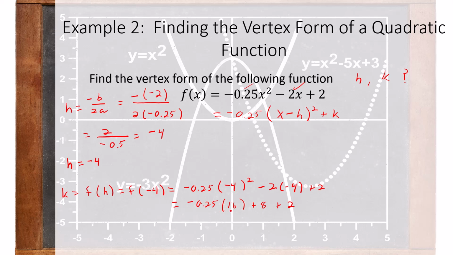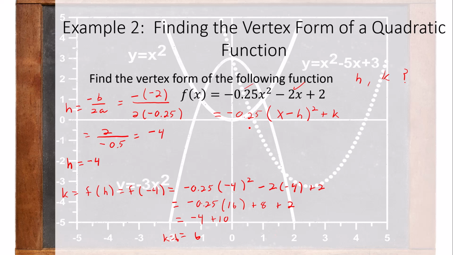Negative 0.25 times 16, well, that's basically 16 divided by negative 4. That is going to give us negative 4. 8 plus 2 is 10. Negative 4 plus 10 is equal to 6. So k is equal to 6.